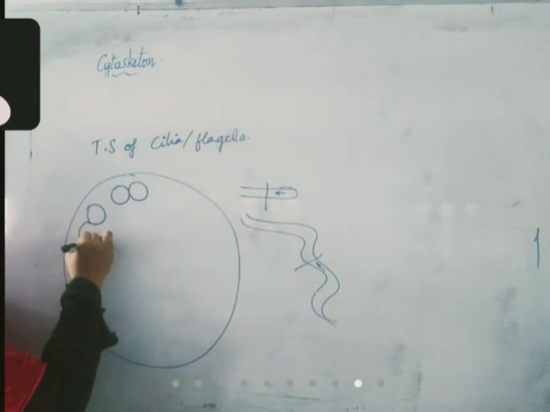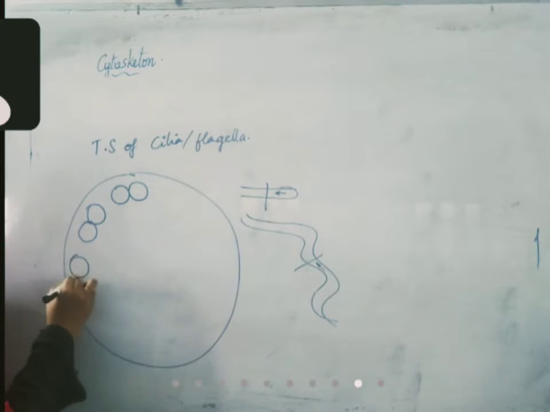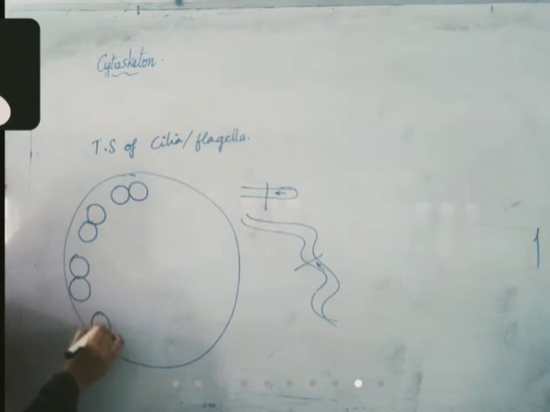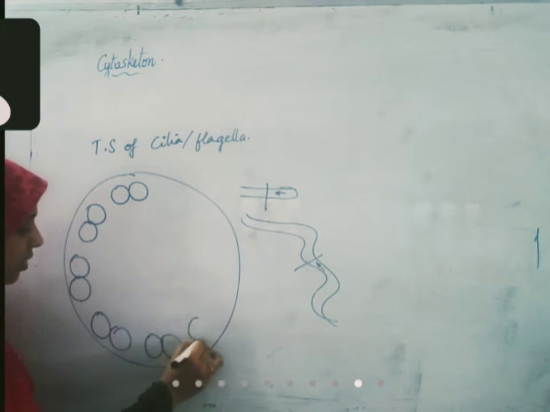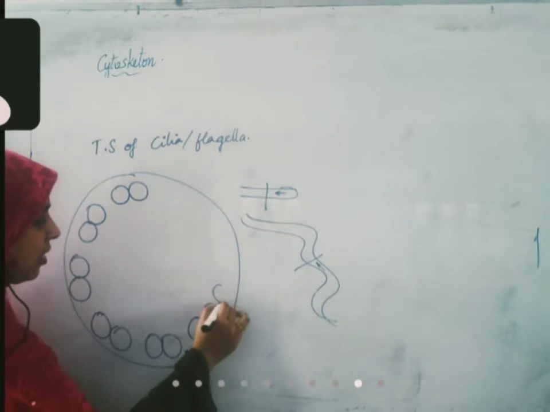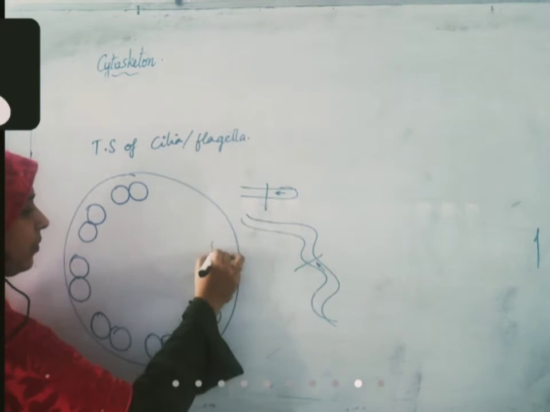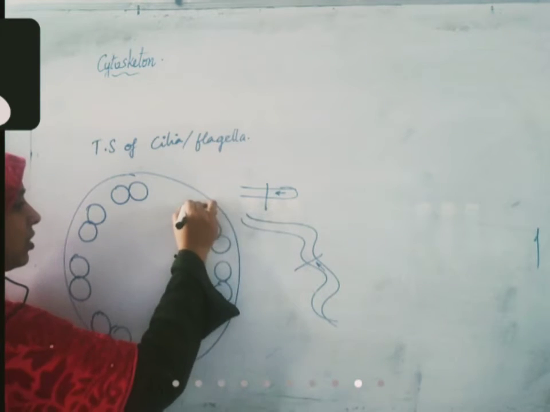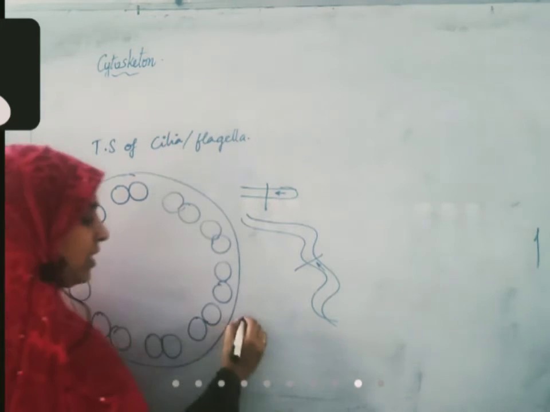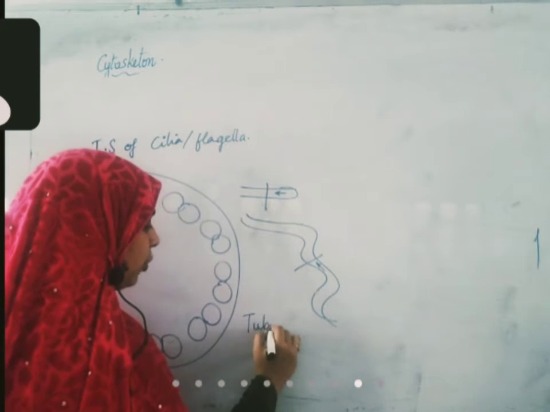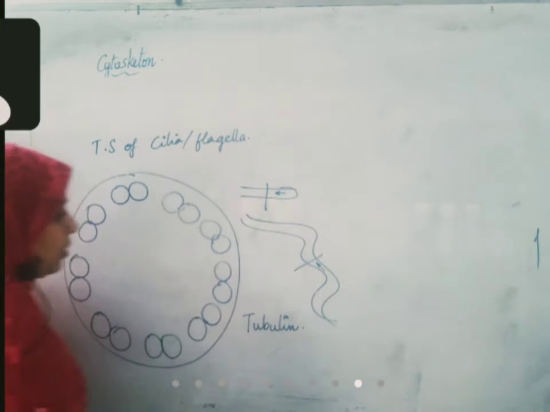1, 2, 3, 4, 5, 6, 7, 8, 9. These are double filaments that are made up of tubulin protein, which means these are microtubules.